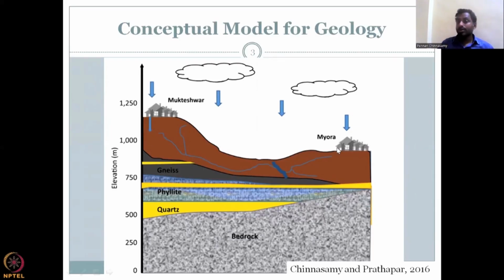For a 1 kilometer radius, we have taken all the locations of the boreholes, and we know that when we drilled the borehole at this location in Mukteshwar, there was gneiss and then some phyllite, quartz, and then bedrock. Okay, so there were different layers.